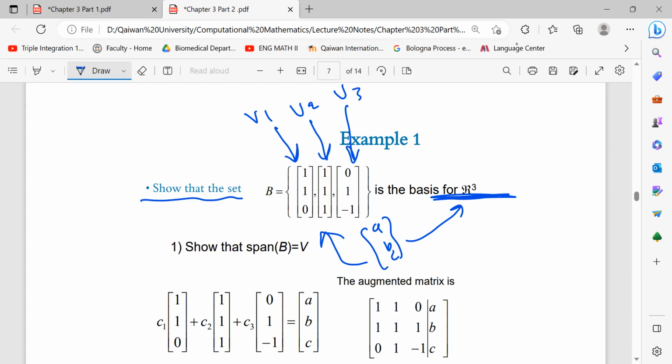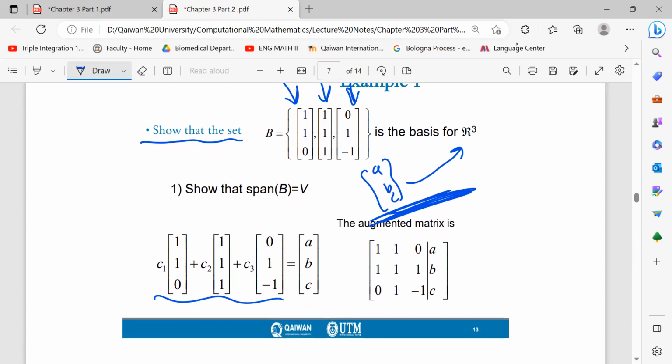If the vector in the space is not given, you should know the vectors in R3 are in this form. In R2 is in this form. In R4 is in this form. We have 4 tuples. But it says basis for R3, so you should know that the vectors in R3 are in this form.